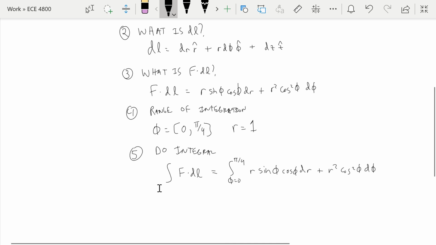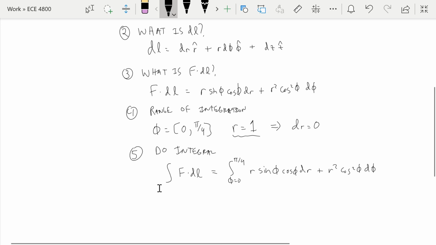Okay, now this is where our ranges of integration play an important role. Our r is equal to 1 everywhere, so we can also figure out what dr is. We take the derivative of both sides, and dr is equal to 0.